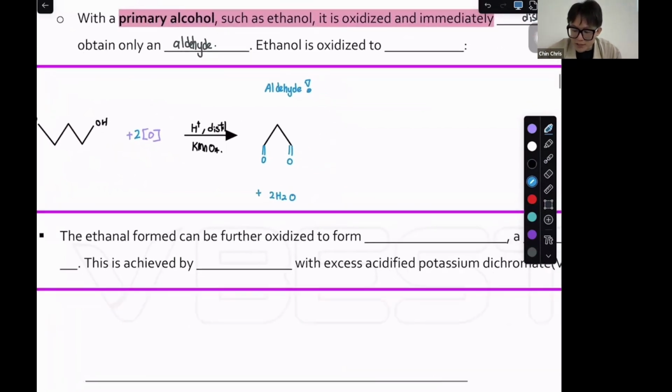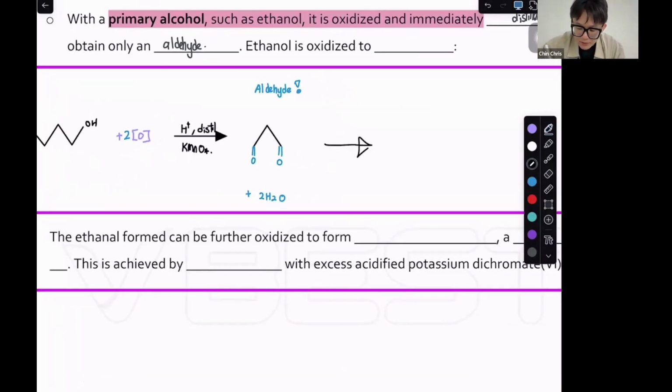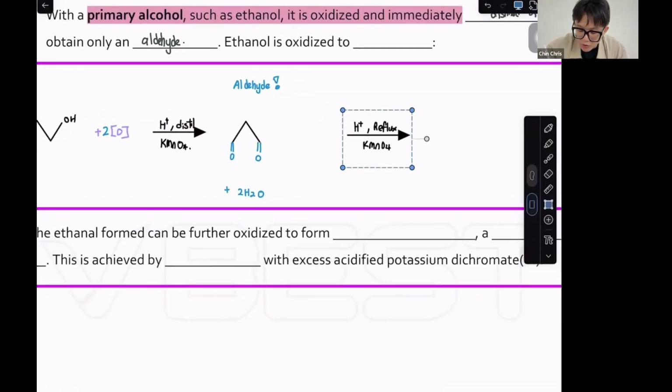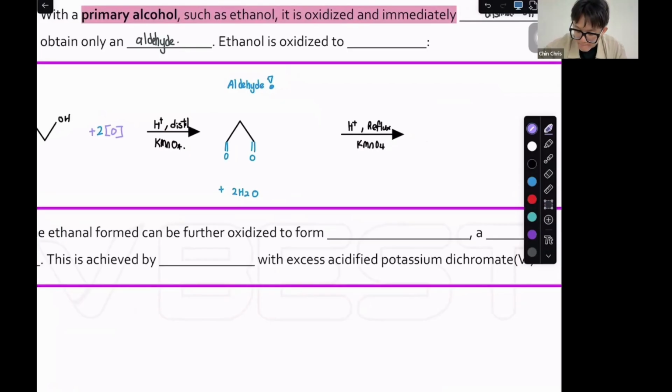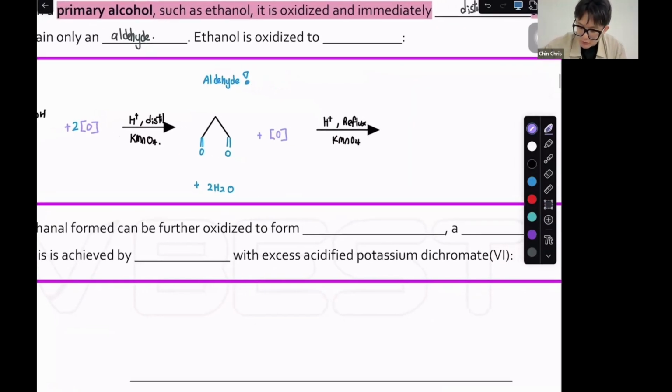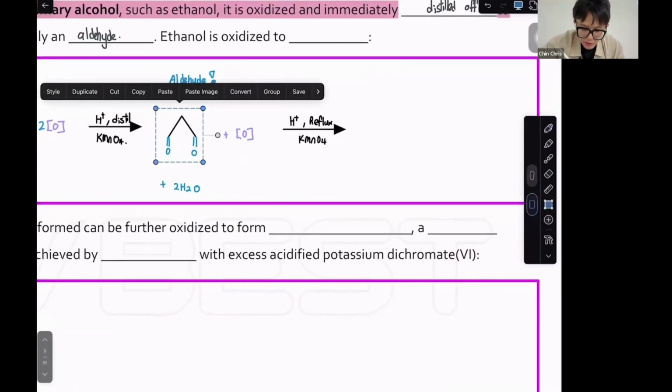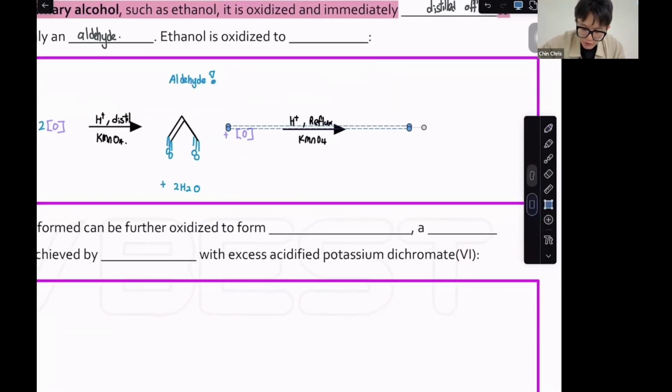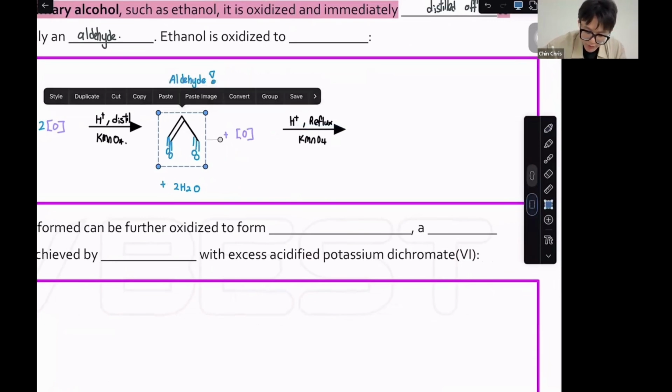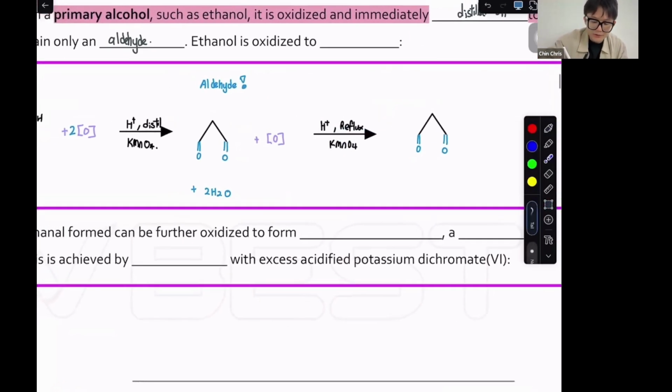Alright guys, when an aldehyde is formed, the aldehyde can be oxidized further. Let's say I oxidize this under acidified KMnO4 and reflux, it's going to turn into a carboxylic acid. So how does it look? By right, this part is a C double bond O and an H, correct or not?